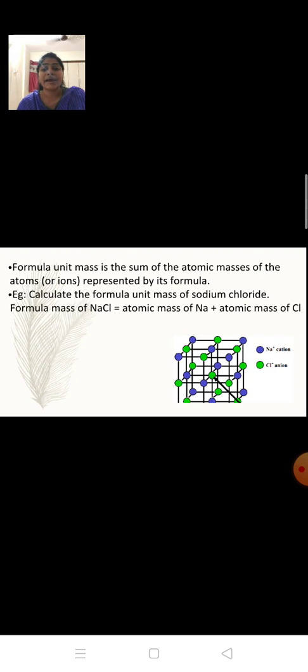We will add the atomic mass of sodium and chlorine. Atomic mass of sodium is 23 and atomic mass of chlorine is 35.5. So when we add them, the answer will be 58.5 u, unified mass, and that is the formula mass of sodium chloride.